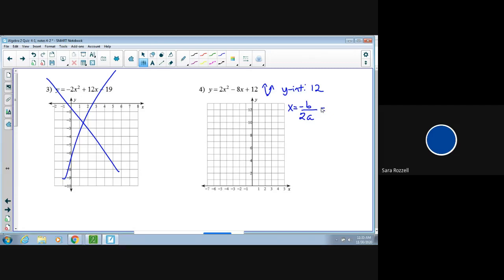And our b value is negative 8. So negative 8 makes a positive 8. And what is our a value? Let's see, Paris, what is our a value from our problem?